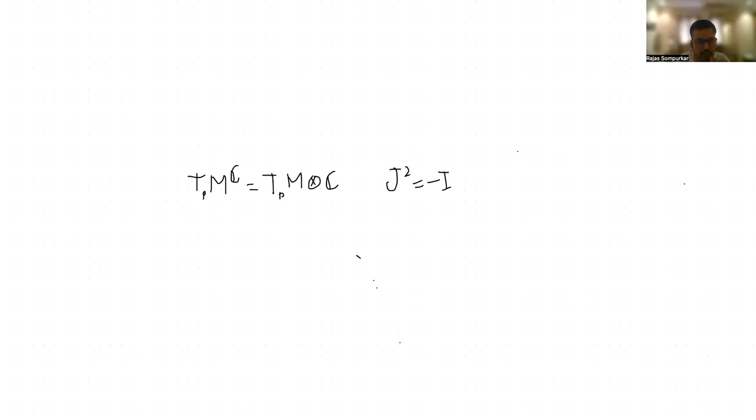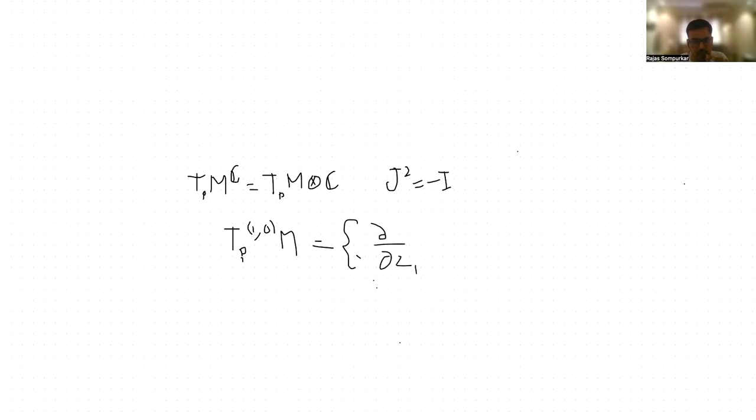So we take the holomorphic part of this T_pM_C and call that T_p^{1,0}M, and similarly we have T_p^{0,1}M. So T_pM_C, the complexified tangent space, is equal to the direct sum of T_p^{1,0}M and T_p^{0,1}M.